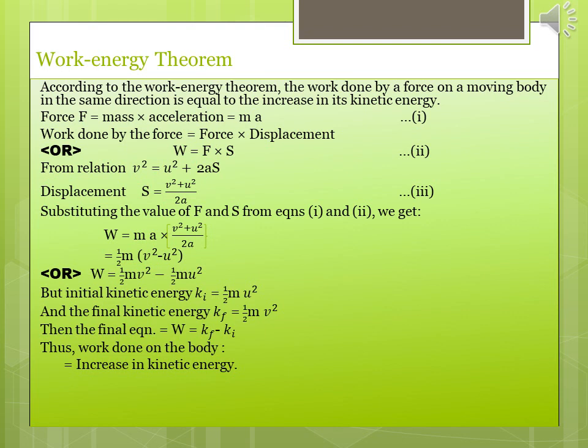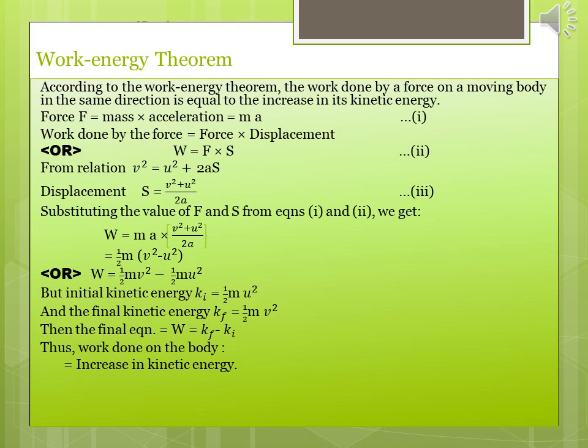And a and a will cancel out, so I'll be getting W = ½m(v² − u²). Again separating, I'll be getting W = ½mv² − ½mu², where ½mv² represents final kinetic energy and ½mu² represents initial kinetic energy.